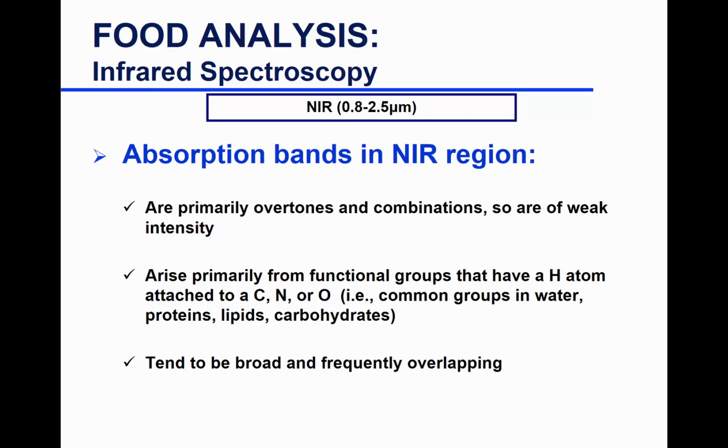It's a mathematical calculation where we divide the peak into multiple components using math. Mostly the IR and near IR absorption is of functional groups that have a hydrogen atom attached to either carbon, nitrogen, or oxygen, i.e. common groups in water, proteins, lipid, and carbohydrate.